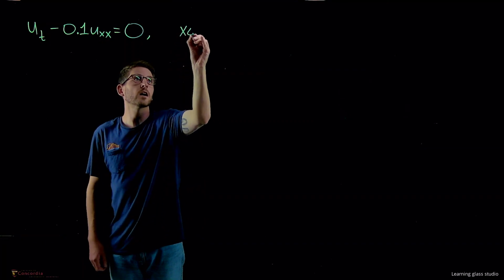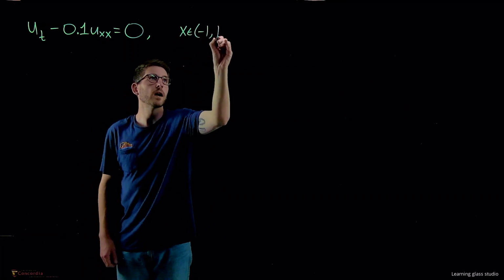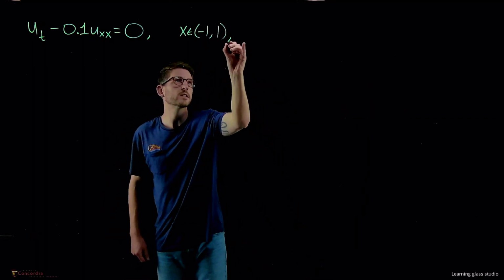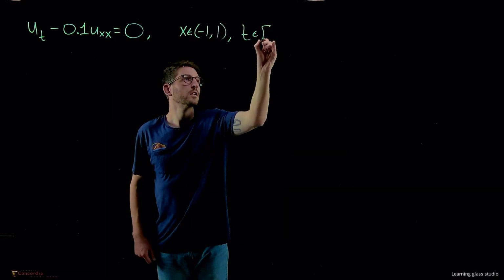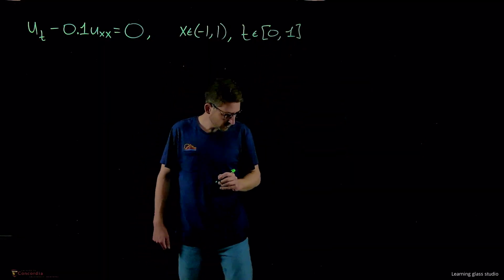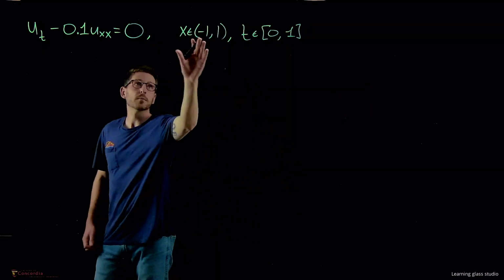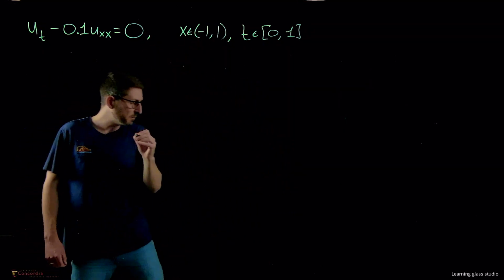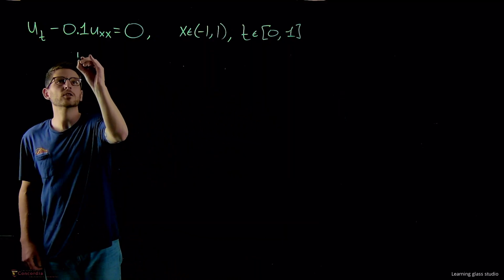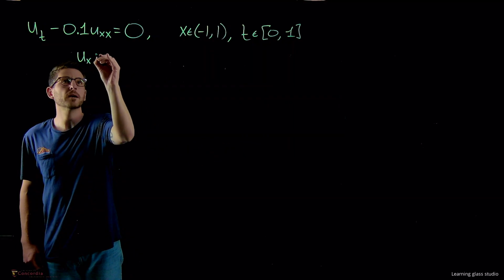In this case, our space is going to be -1 to 1. And let's imagine we want to step this one time unit into the future. Okay, and of course, because space is bounded, I need to have a boundary condition here. We're going to use a Neumann boundary condition.